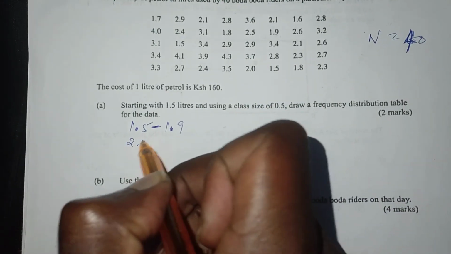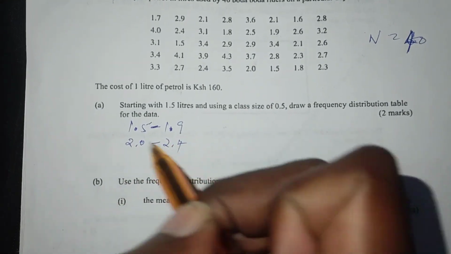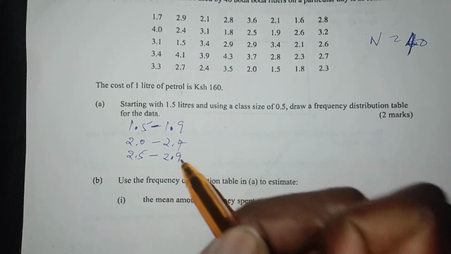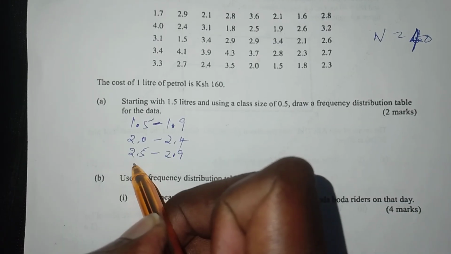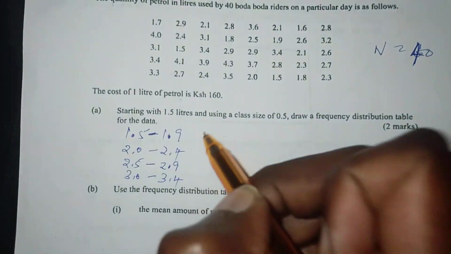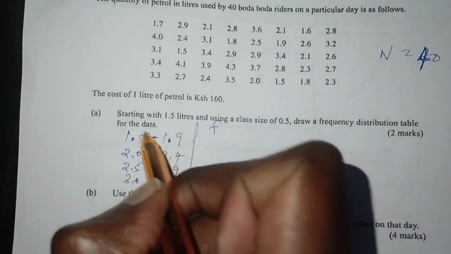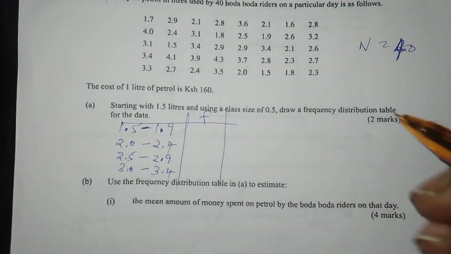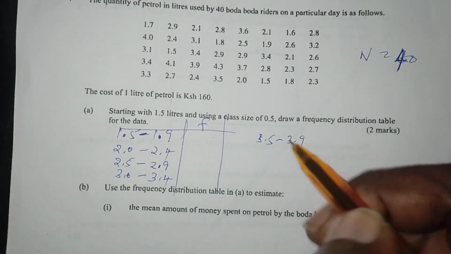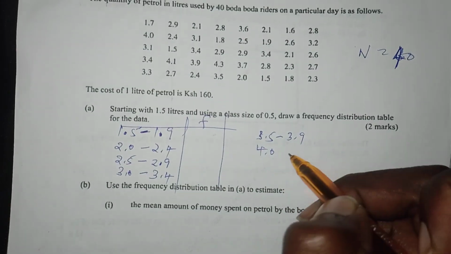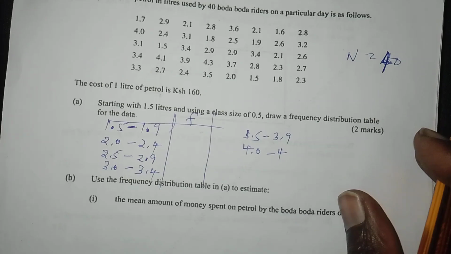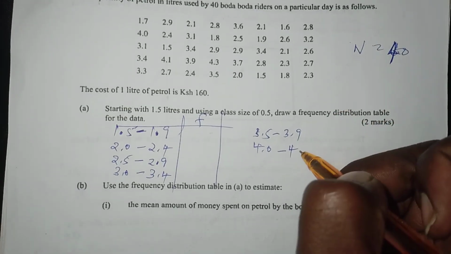So the next is 2.0 to 2.4, then 2.5 to 2.9, then we have 3.0 to 3.4. So you have the classes, then you'll have the frequency, then you'll have 3.5 to 3.9, 4.0 to 4.4.